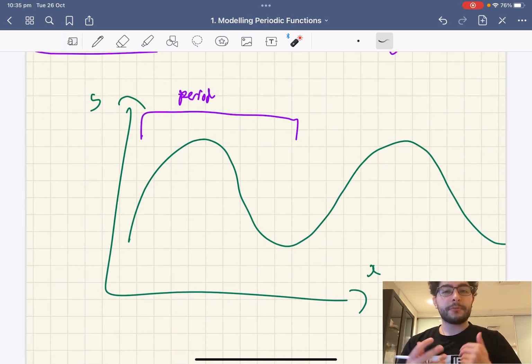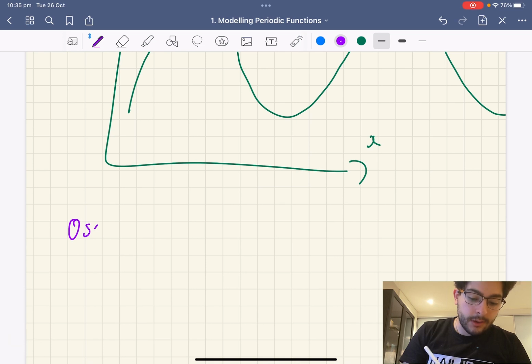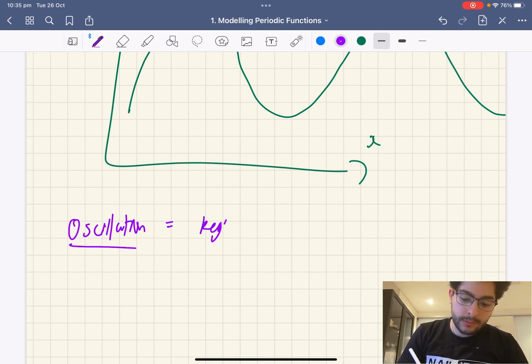The next thing we're going to be covering is how this wave function sort of goes up and down, and that's known as an oscillation. An oscillation is a regular up and down behavior.